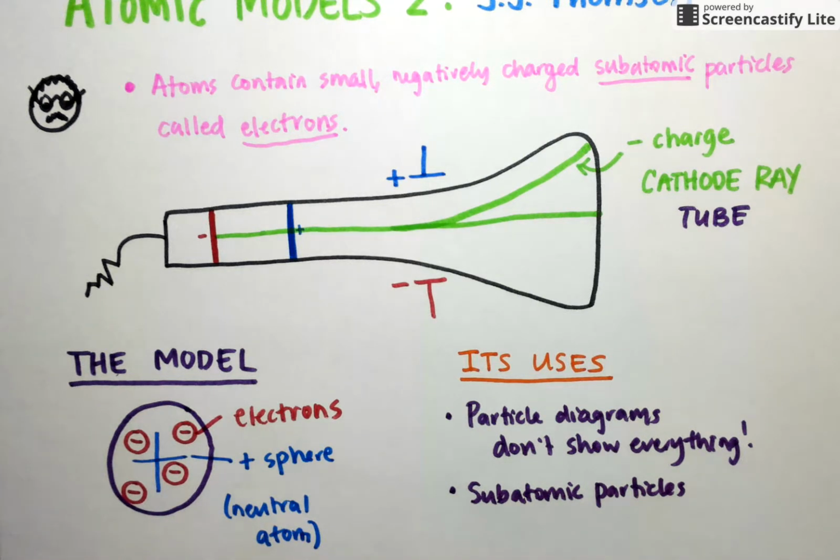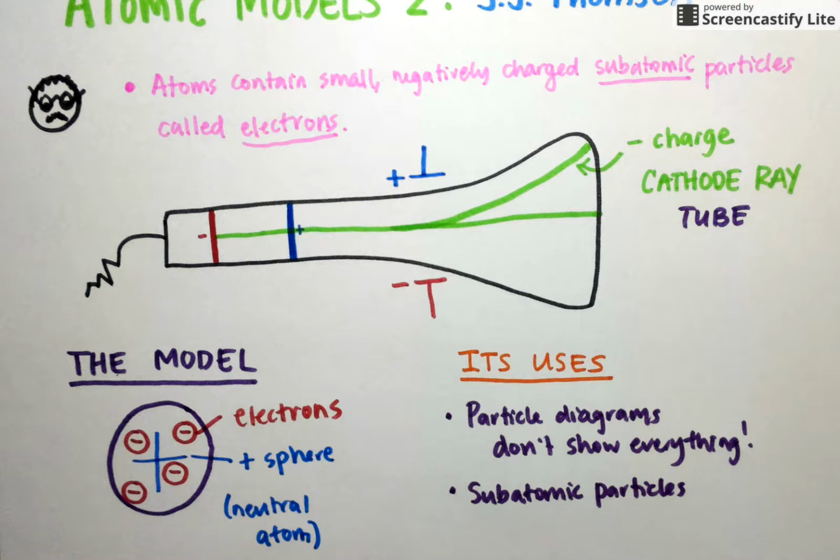Now, he also knew that you can't all of a sudden just say that atoms are negatively charged, because before we'd assume them to be neutral, and we know that they act neutral when they're not split apart into these smaller pieces. So he hypothesized that maybe this sphere that surrounded these negatively charged particles was positively charged itself.